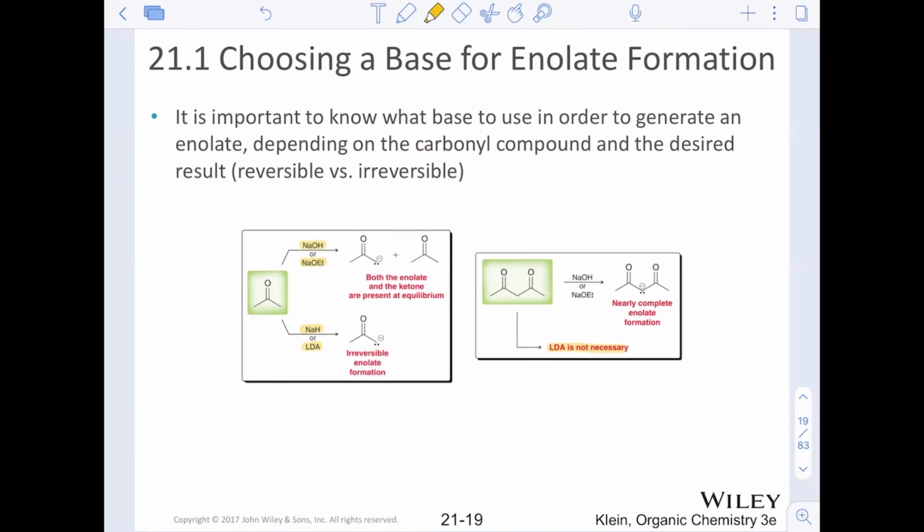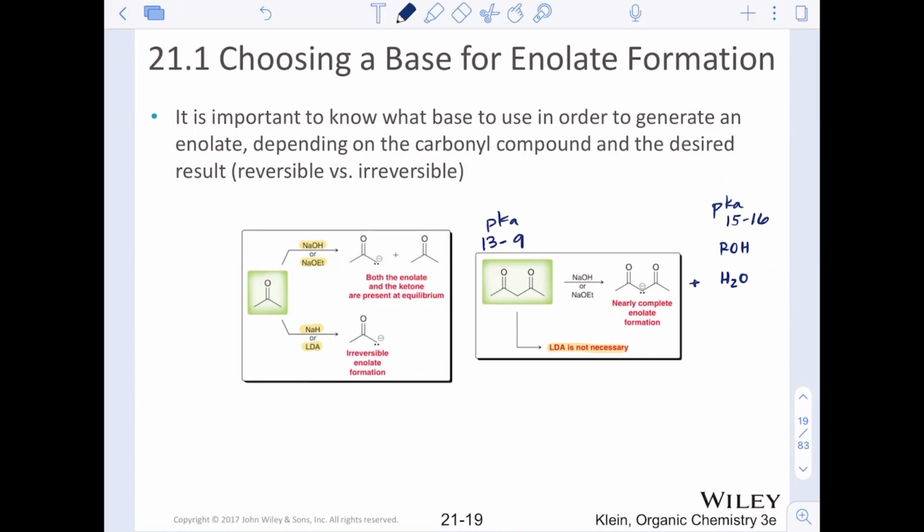So when we're thinking about the pKas of a dicarbonyl, they ranged from about 13 to 9. All of those are less than the pKa of water or an alcohol, right? Those pKas are around 15 to 16. So no matter what, you don't need LDA.